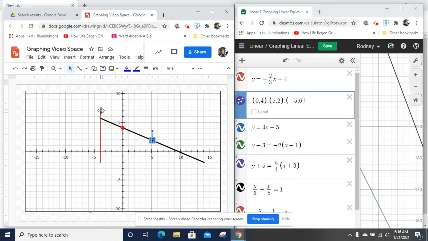So there's negative 5, and there's 6. And if I wanted to do this, I could stretch my line out a little bit. So now it goes through those points, and I'm still lined up the same way I was. So I could get those points as well. Cool. So that's how you graph that one.